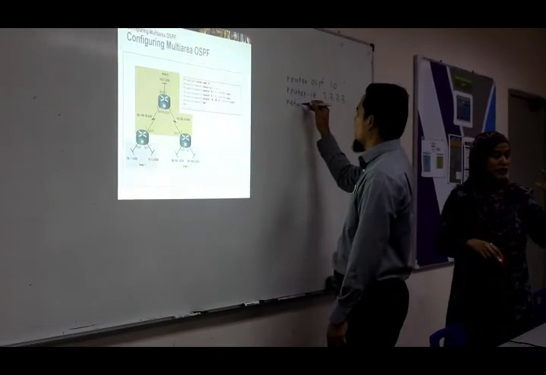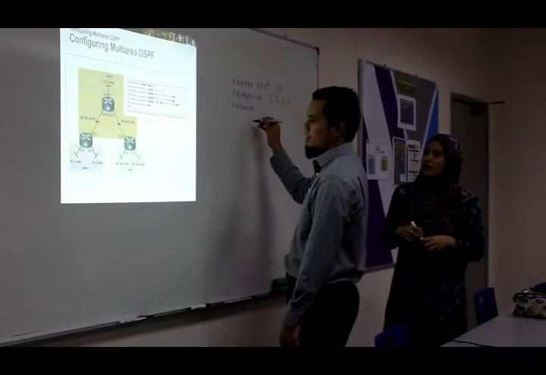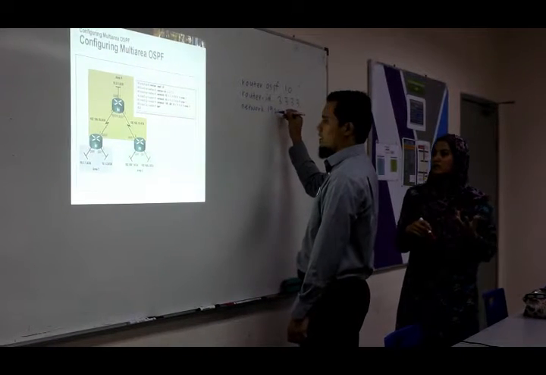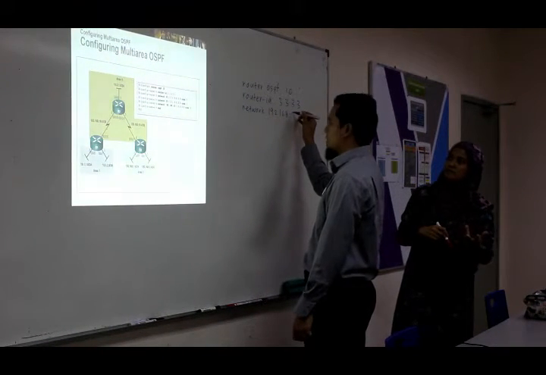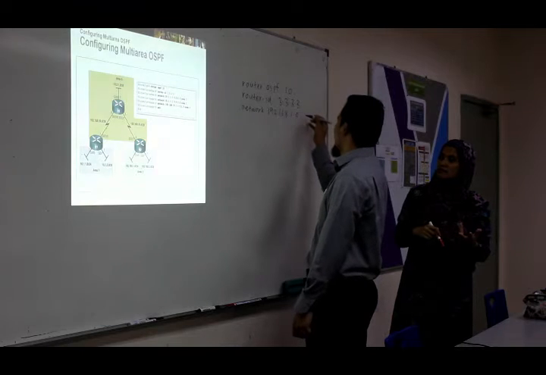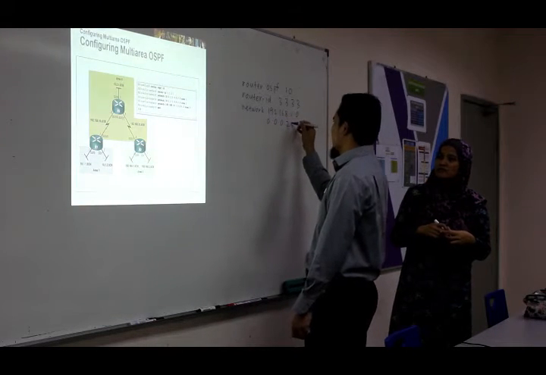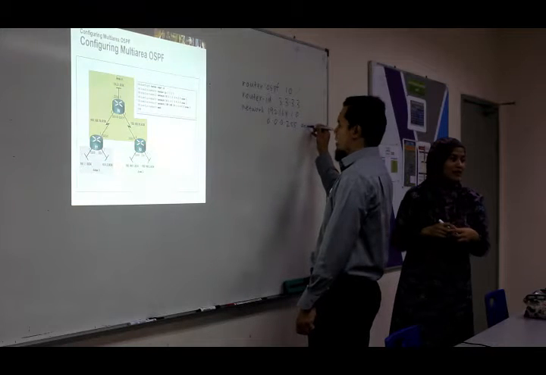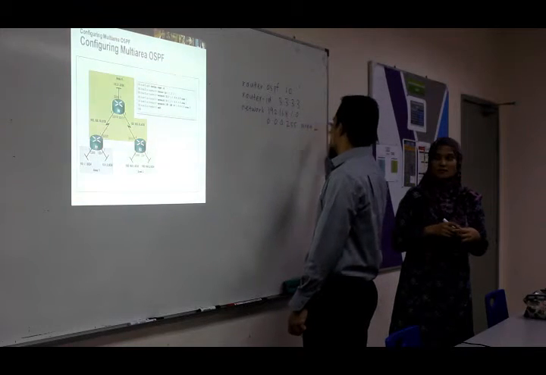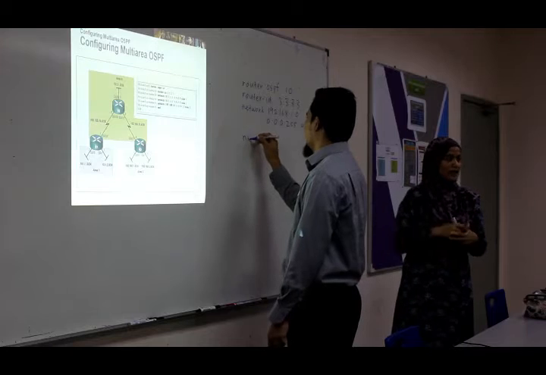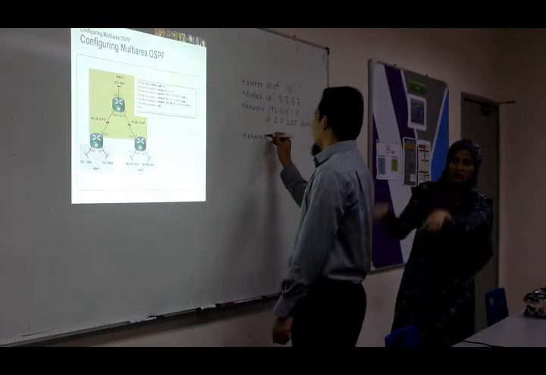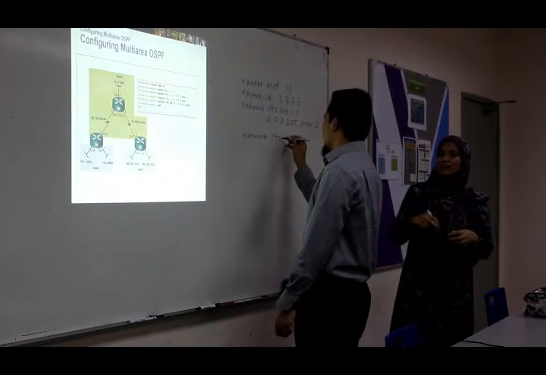Router OSPF, because router ID is unique. And then the first network should be the wildcard 0.0.0.255 area, no, oh yeah, area 2. Okay, because it belongs to R3, right? The lower one.